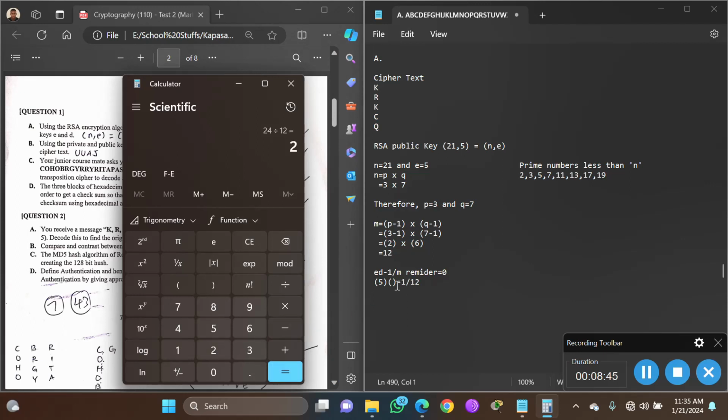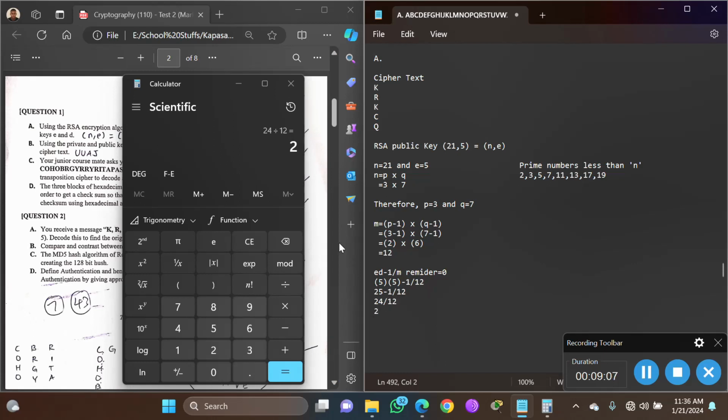So as you can see, replacing 5 to represent D from those prime numbers, we get 5 times 5, which is 25, minus 1, divide by 12. Then 24 divided by 12 is 2.